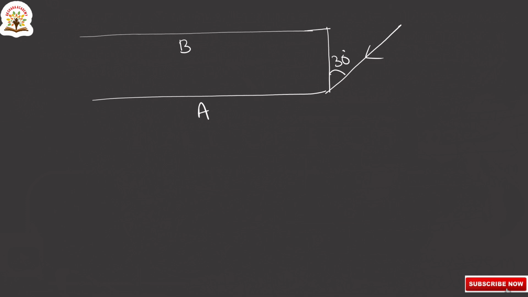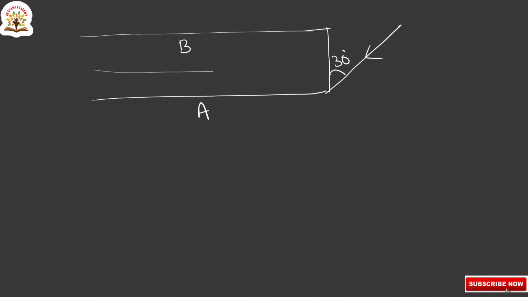This is one plane mirror and it is another plane mirror, this is B and this is A. The incident ray strikes at one end of A, making an angle 30 degrees. And here we are taking n reflections. The ray undergoes n reflections.